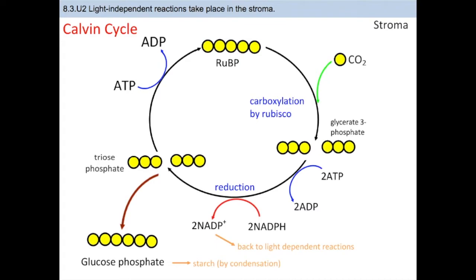12 triose phosphates. From the 12 triose phosphates, we get this 1, 2, 3, 4, 5, 6. That's your glucose. Okay. And because it cycles 6 times, I need 6 RuBPs too, right? Correct? I need to regenerate the RuBPs. Okay, count with me, please. 1, 2, 3, 4, 5.